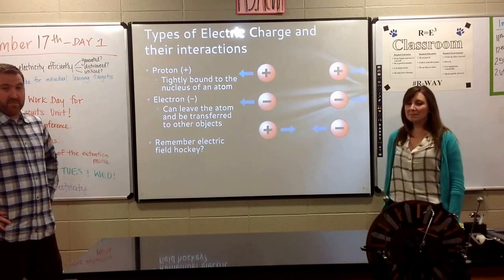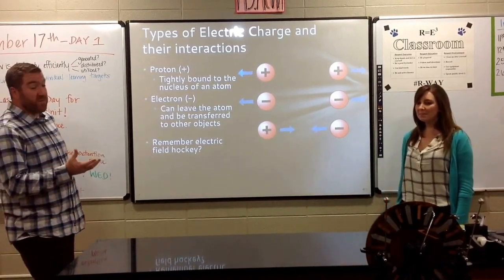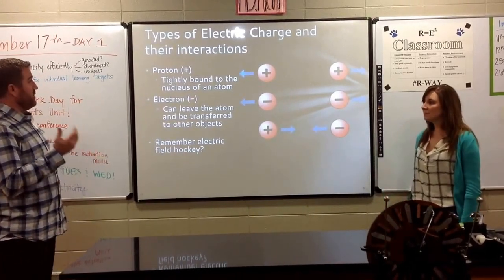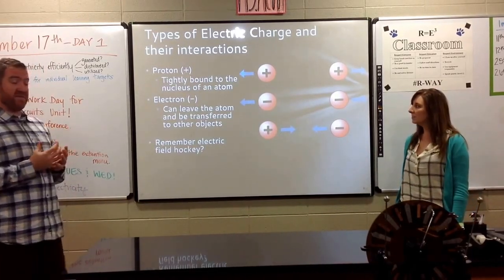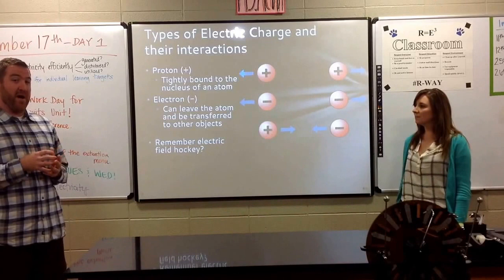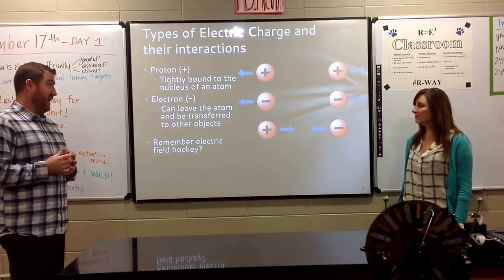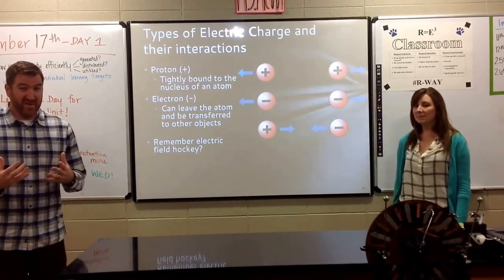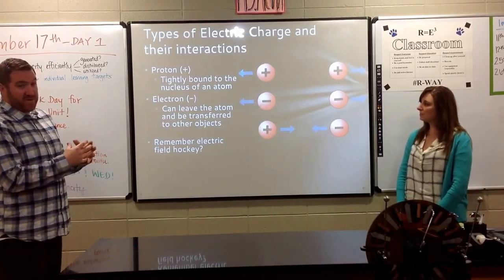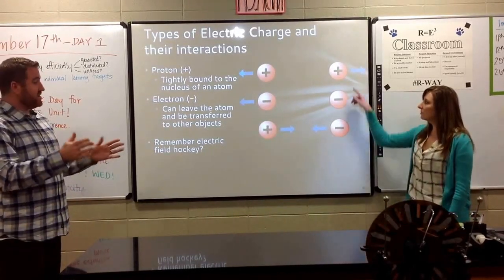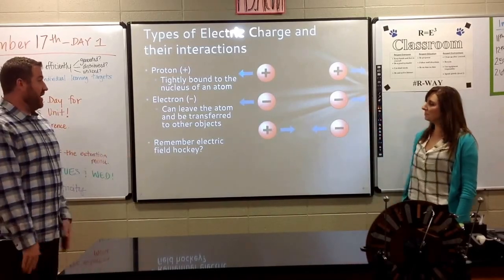So, we'll dive right into the types of charge. A little bit of review for you. As far as charge and their interactions go, remember those protons within an atom, they're tightly bound to the nucleus, which means they really can't go anywhere. So when you put a proton by a proton, those like charges are going to repel.